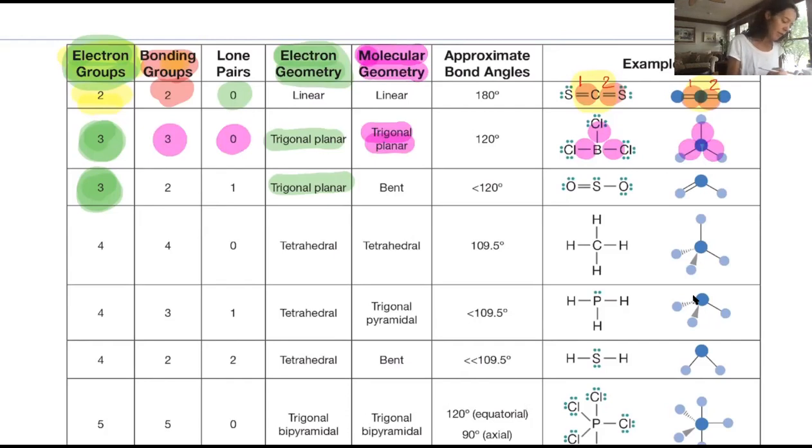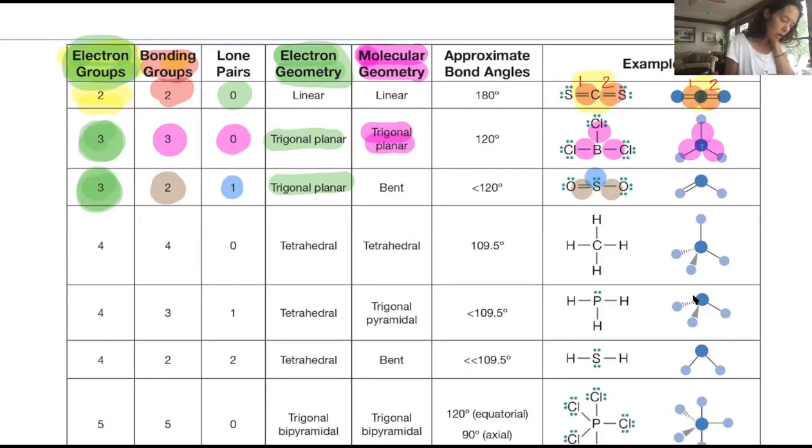However, if that was to change, and out of my three domains, two of those domains are bonding, this one and this one, and one is non-bonded, that one right there, that's going to change the shape of my molecule.